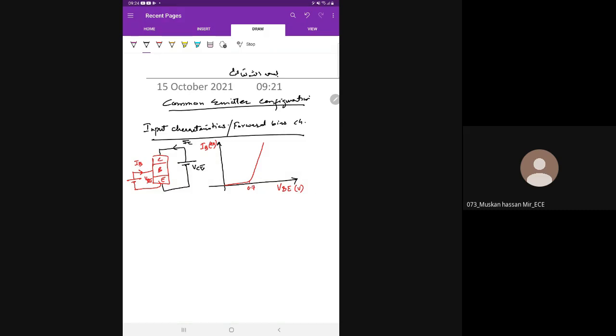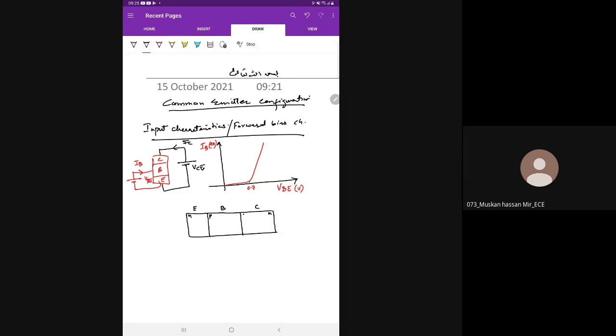So our transistor is basically like this. We have emitter, then base, and then collector. This is N, this is P, and this is N: emitter, base, and collector region.